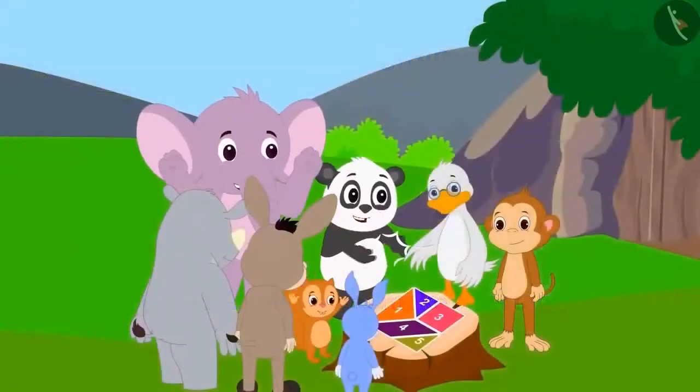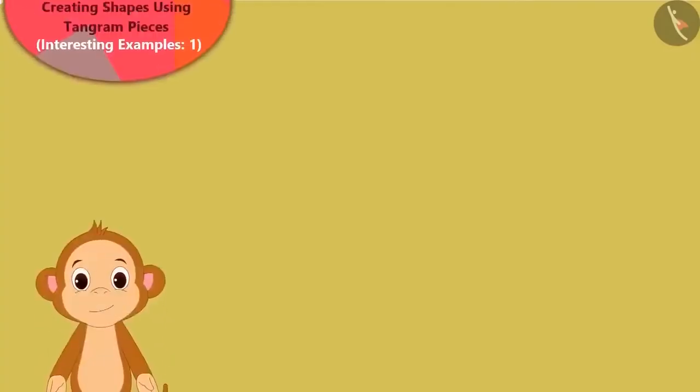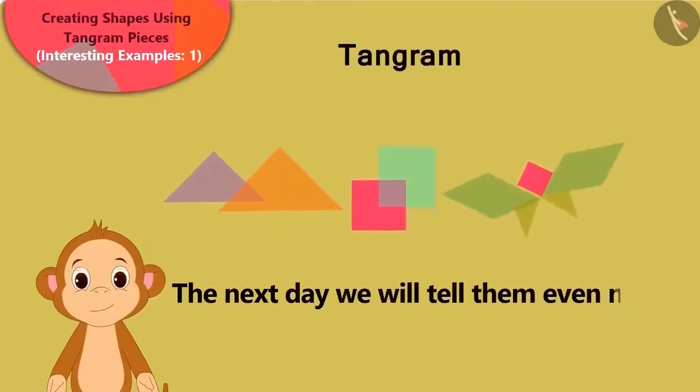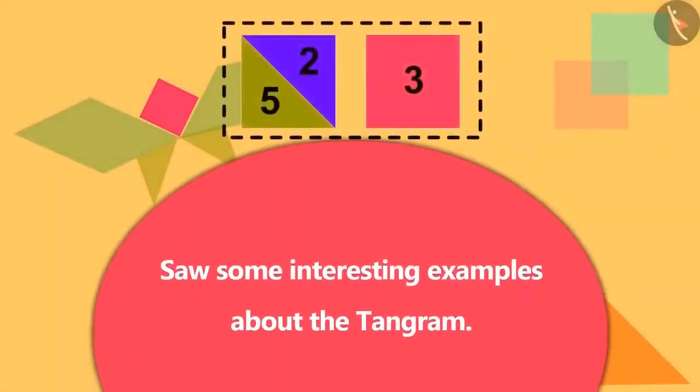All the villagers enjoyed learning about the Tangram. Babban said that he will tell them more interesting things about the Tangram the next day. In this lesson, we saw some interesting examples related to the Tangram.